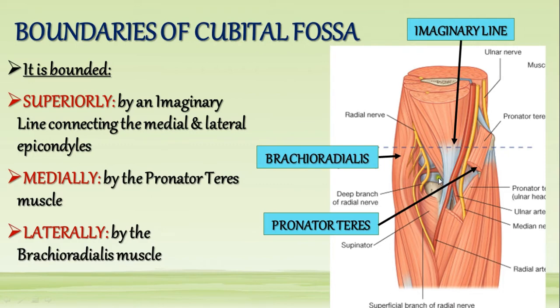So, the triangular cubital fossa is bounded superiorly by an imaginary line passing between the medial and the lateral epicondyles of the humerus. Medially, it is bounded by pronator teres and laterally by brachioradialis.